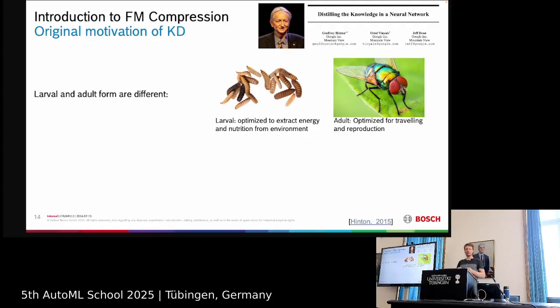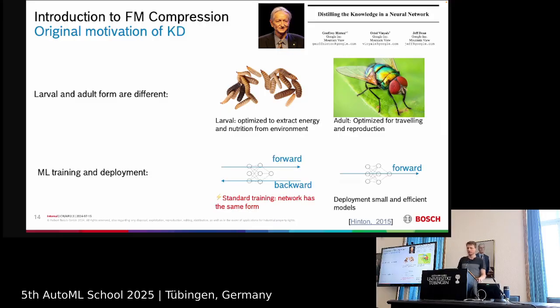And there it has a very different scheme in terms of how it's built and how it's used. And later, during deployment, when it's a fly, it's optimized for traveling and reproduction. So if you look at neural networks, we can see the networks have the same shape during training and during inference. It's the same network. And what we want to have is larvae and flies. Sorry about that. That's the motivation. I would have never come up with it myself when I look at flies and larvae, but this is essentially the root of knowledge distillation and where it stems from.